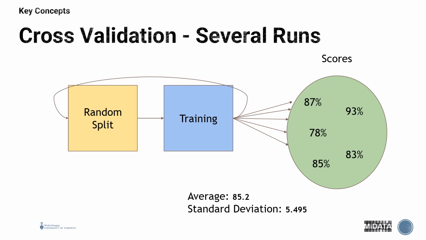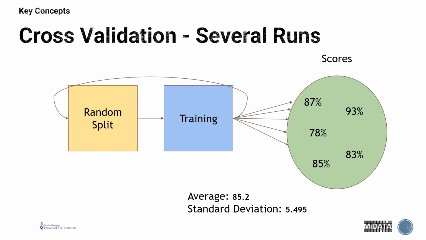a number of scores, depending on your splits, that you can then average and produce the standard deviation. And inevitably, what you're looking for is consistency. So you're looking for accuracy scores that are close together and that produce a small standard deviation.